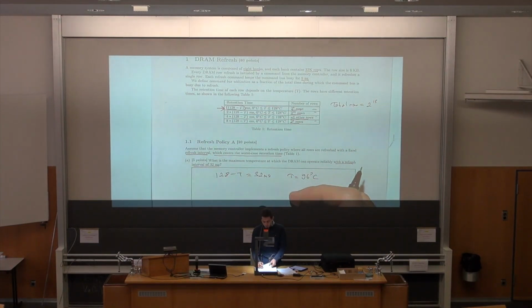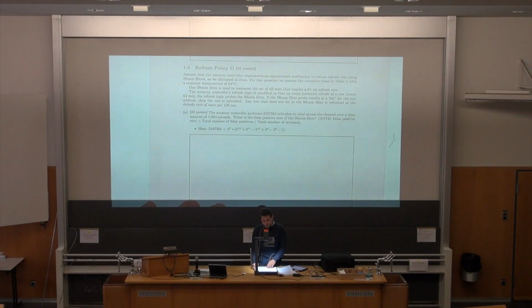If the Bloom filter says yes, the memory controller refreshes such rows every 64 milliseconds. If not, it will refresh them every 128 milliseconds. So this is basically the policy of this memory controller.